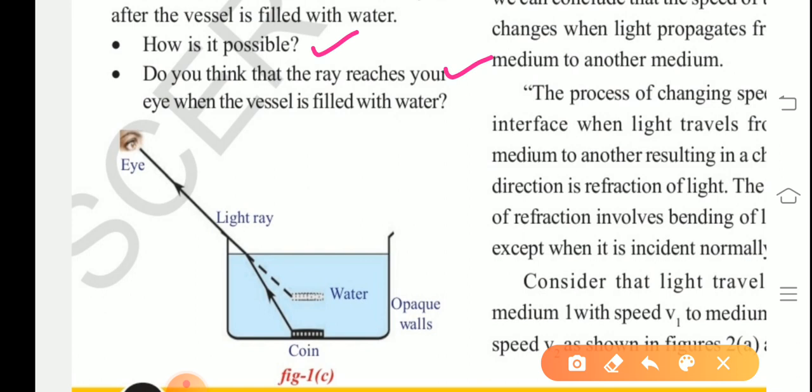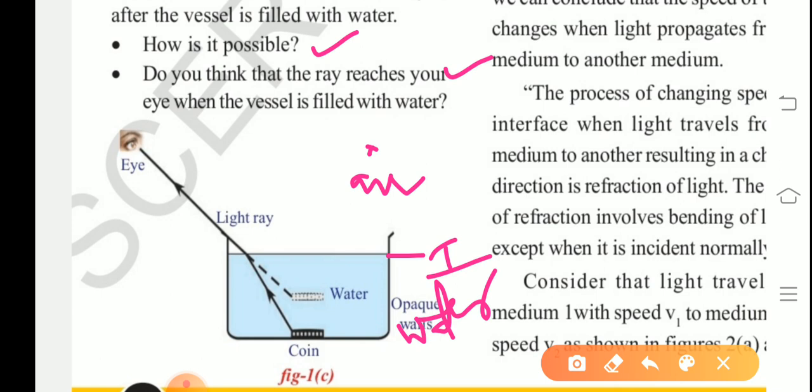Actually, consider what happens when you fill water inside the vessel. Here it is the air medium and this is the water medium, and this line is the interface, because it separates the two media, air and water, right?